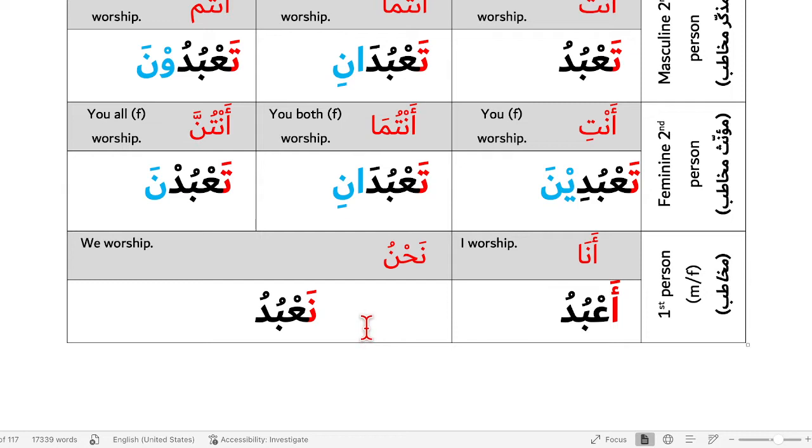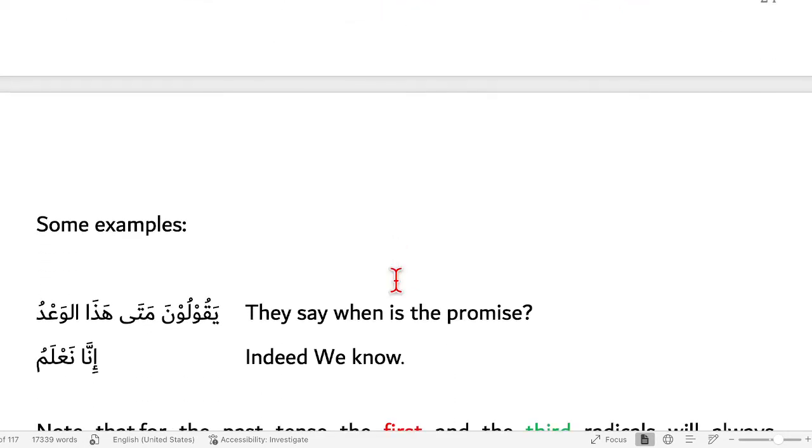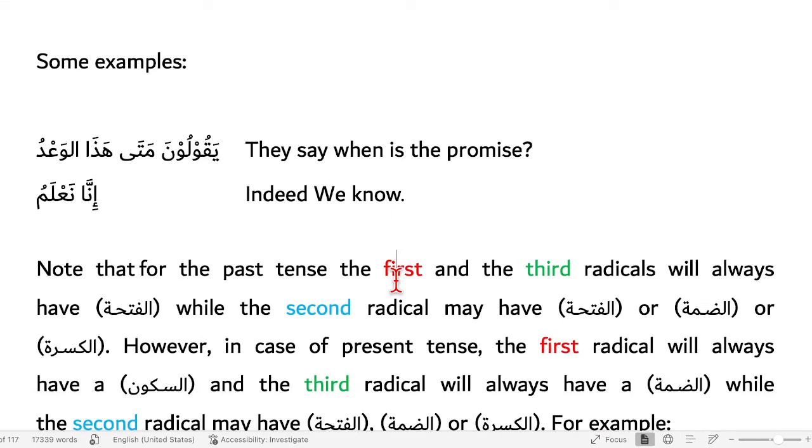So I used the example of Yansuru, which is the present tense for nasara. So some examples: it says yakuluna, they say. Yakuluna mata hazal wad. They say yakala, yakulu, yakulani, yakuluna. So this is the verb for "whom".